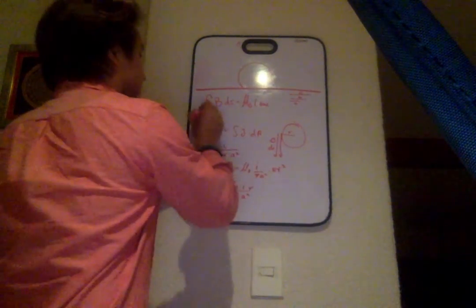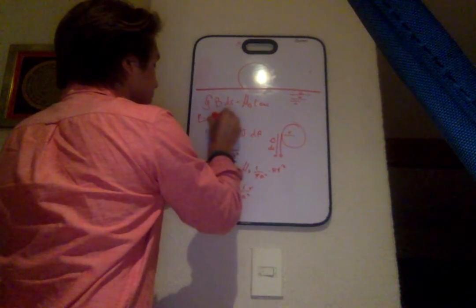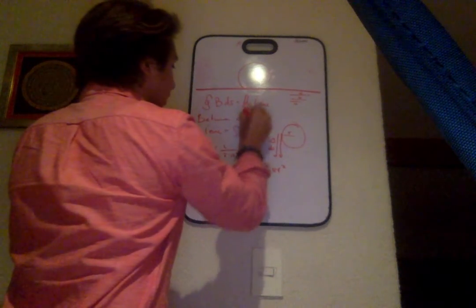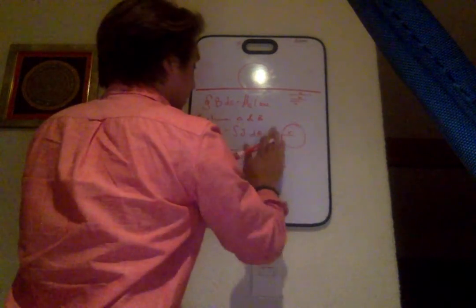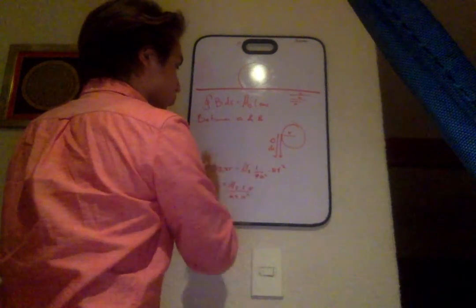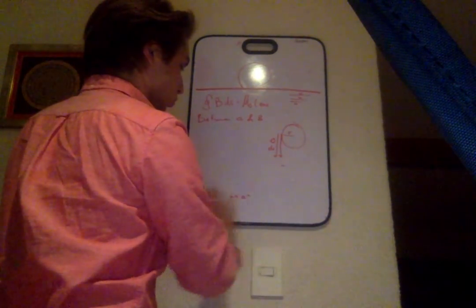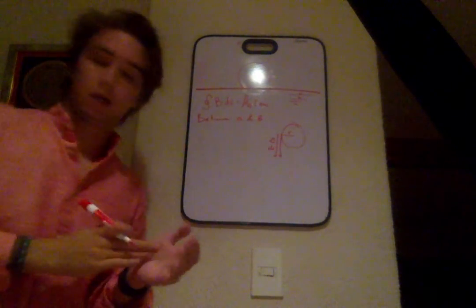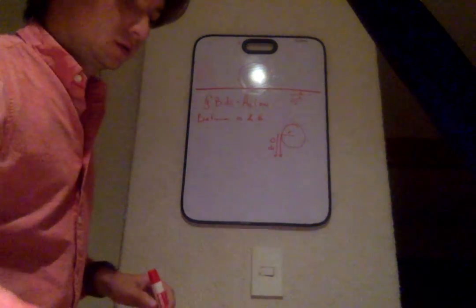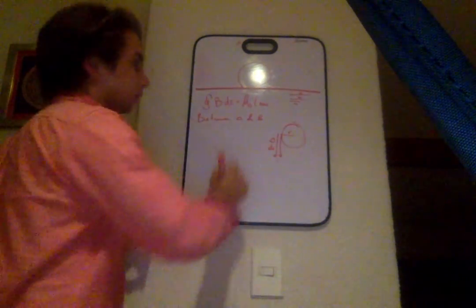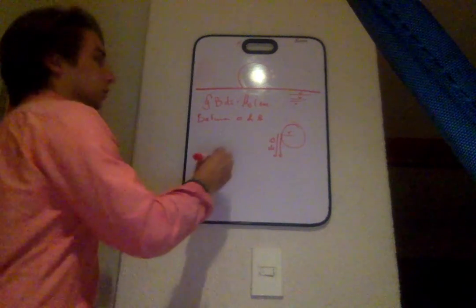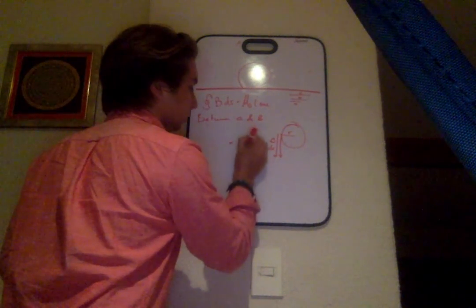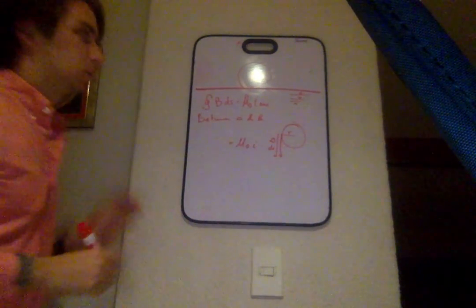That's between a and b. Between a and b, it's pretty simple because our right side would be mu naught I. Why?